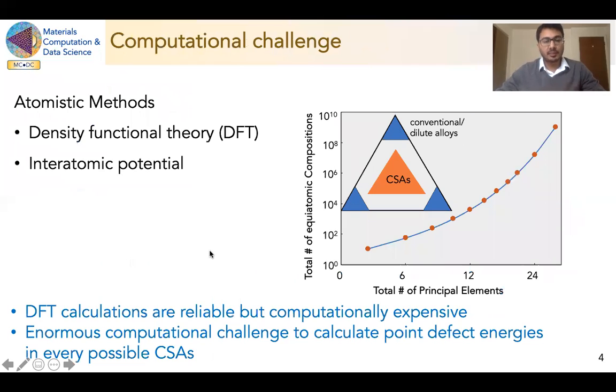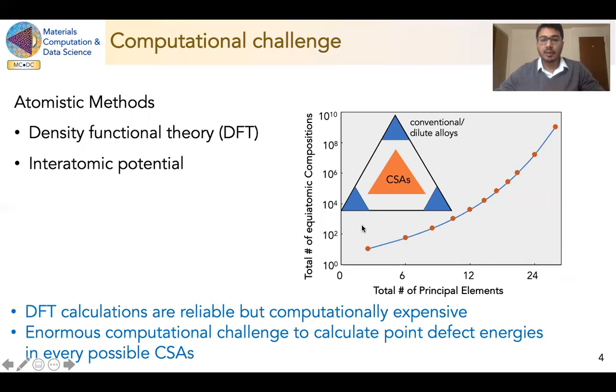Now, atomistic methods such as density functional theory and interatomic potential are used to calculate the defect energies. DFT calculations are reliable, but there's a major limitation that these calculations are very expensive. And in concentrated alloys, there's large number of compositions possible even within the same chemistry. For example, in this plot, this orange area shows the compositional phase space for the concentrated alloys, and you can see that there are large number of possible compositions that can lie in this area.